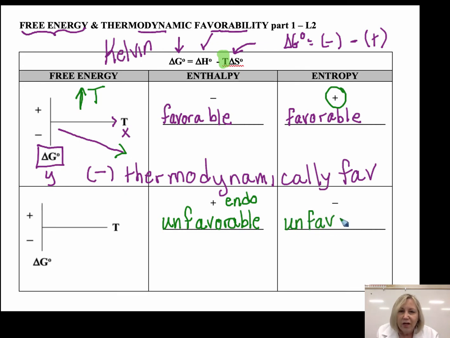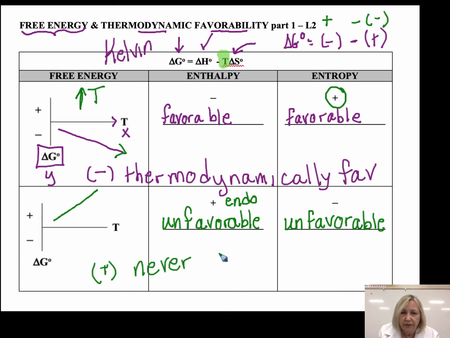So now both barriers are unfavorable to proceed. If we looked at the delta G, we'd have a positive minus a negative, and that would always be positive. It is never thermodynamically favorable. I'm just going to put a TF for thermodynamically favorable there.